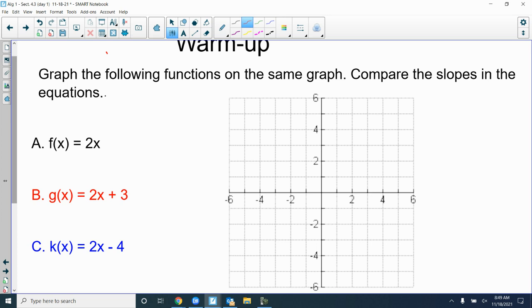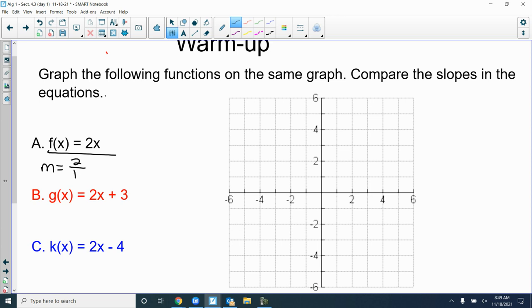Damien, what's my slope? For A, right here. What'd you say? It is 2. Slope is 2, or 2 over 1.